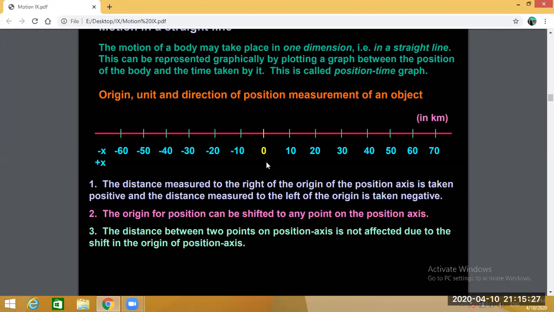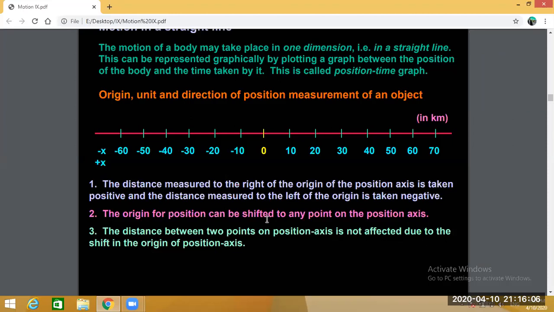We can arbitrarily shift the origin to any point, but usually we take origin at a point where distance and time are taken to be 0. The distance between 2 points on the position axis is not affected due to the shift in origin of the position axis. If we shift the origin on the position axis, then motion and measurement of motion is not affected.